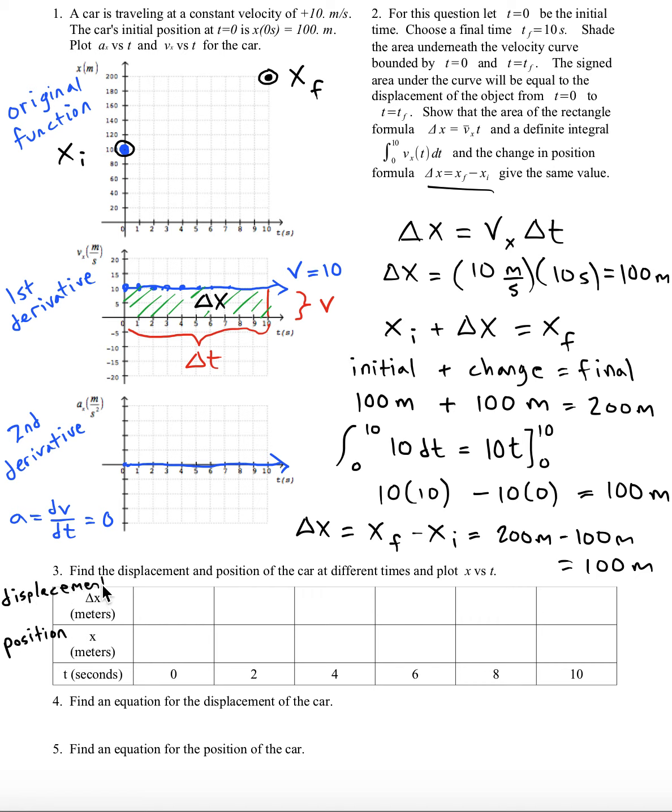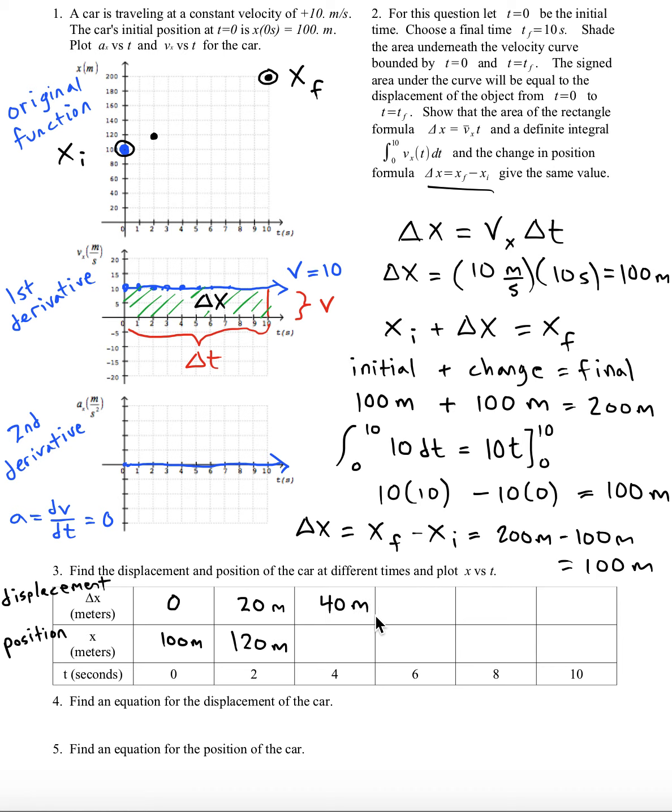Since we're going 10 meters per second, how far have we traveled after 2 seconds have passed? After 2 seconds, we've traveled 20 meters. So where are we located now? 120 meters. And we want to draw a dot that shows that. After 4 seconds, we've traveled a total of 40 meters from our initial position.